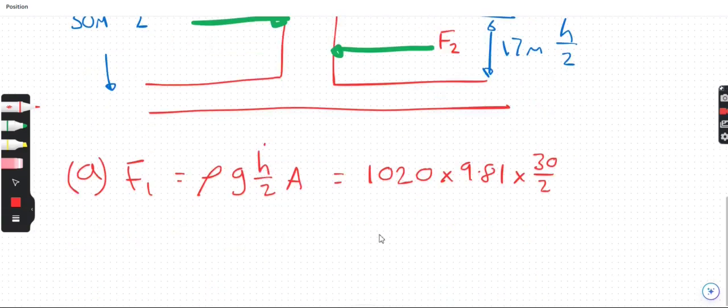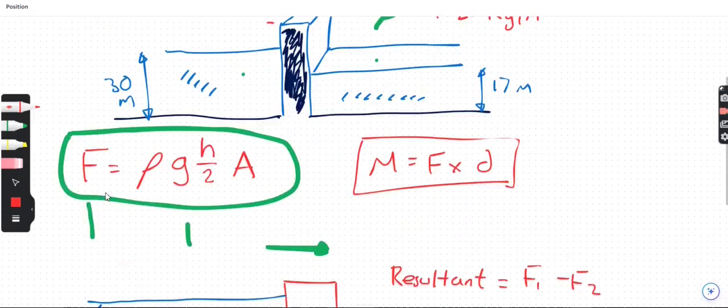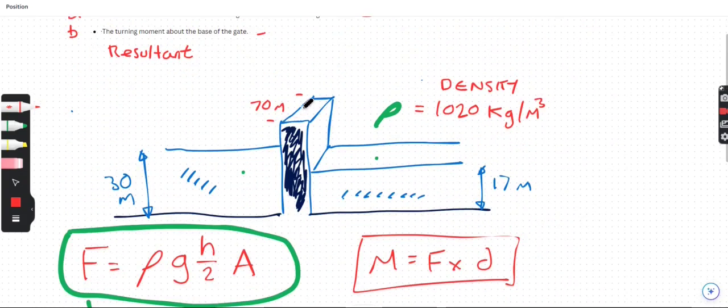So that's density, gravity, times height divided by 2, times the area. And I'll put a little bracket. The area is going to be 70 times 30, because it's that depth of water there, where the water's touching the wall.